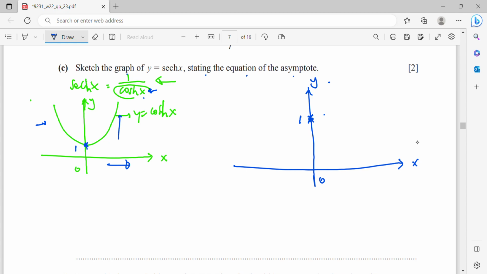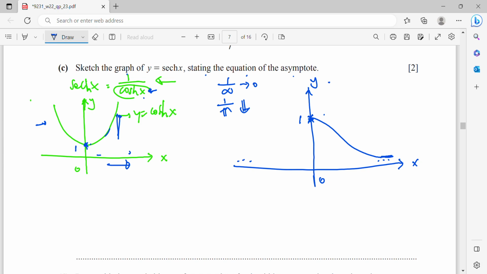So 1 over infinity will tend to 0. When x is increasing, y is increasing. Therefore, 1 over increasing will be decreasing, so it will decrease from 1 and tend to 0.